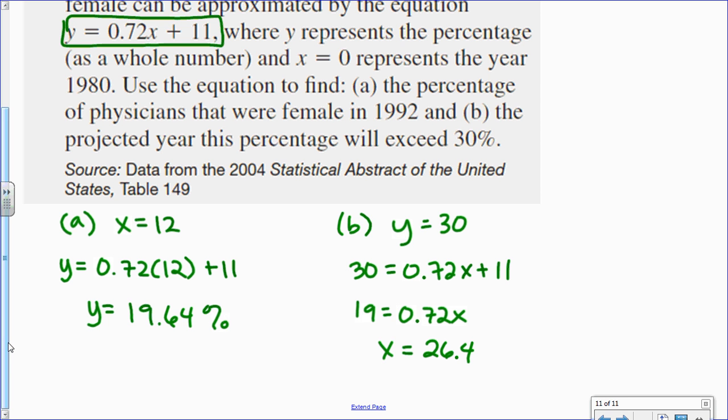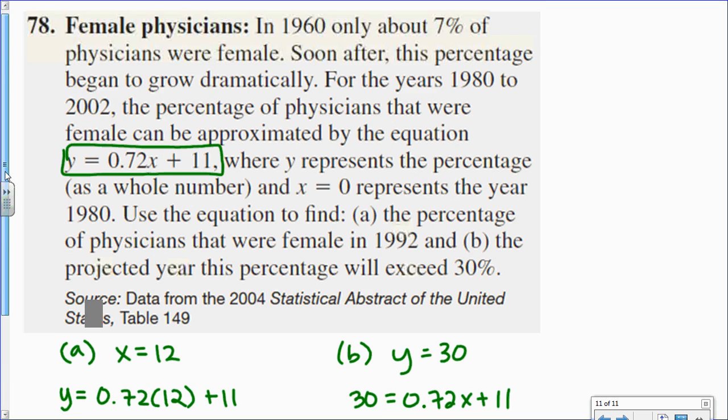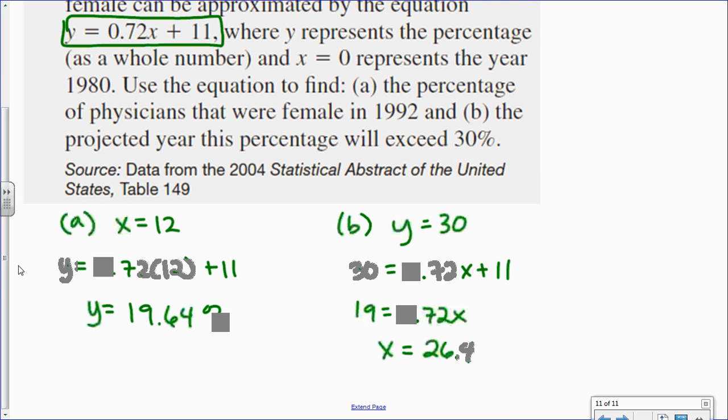So when I want to write that as a year, first of all, your 26 years, so just look at the 26 part.